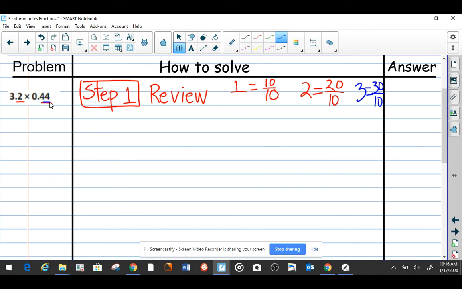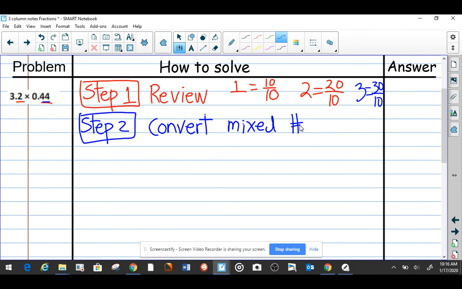So that should be okay. Now let's do step number 2. Number 2 is convert mixed numbers to fractions. And remember, those mixed numbers have a decimal ending.